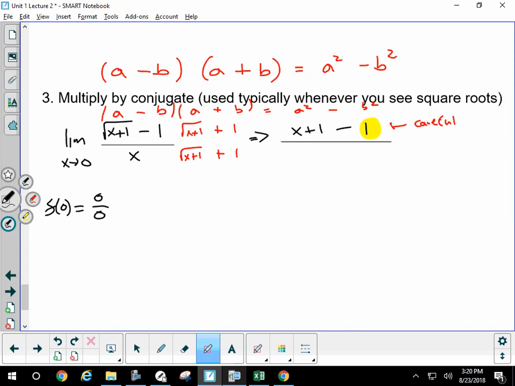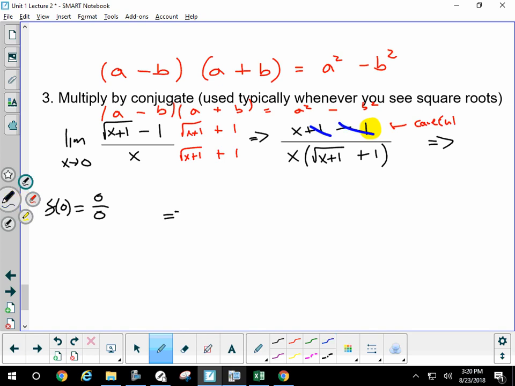Now, in the denominator, usually our algebraic instinct is to distribute and to take this x and move it into those. Don't do that. That complicates things. We want to keep multiplication. Multiplication is simplification's friend. So keep this as x times root x plus 1 plus 1. All right. Let's go from there. The ones, they're gone.